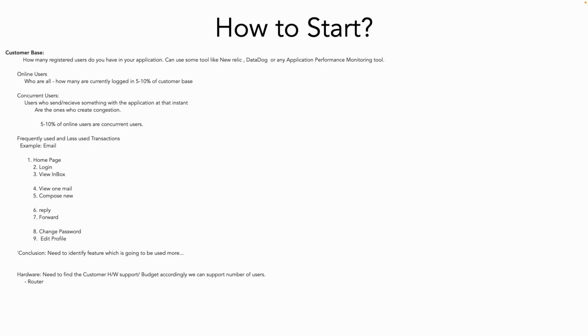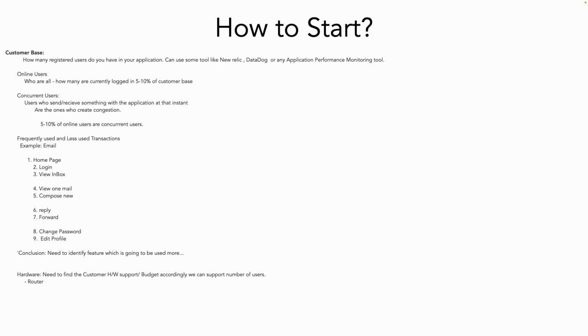And which features? Because your application has a lot of features, and it will not always be true that all users access the help sections. They will always access some very main features. Suppose there is an e-commerce application, right?